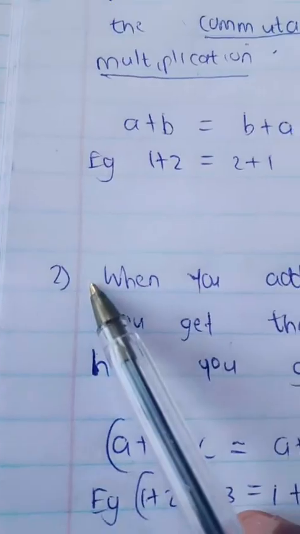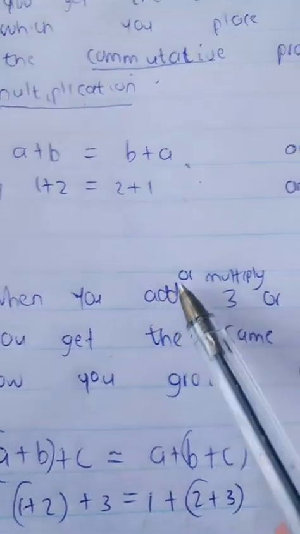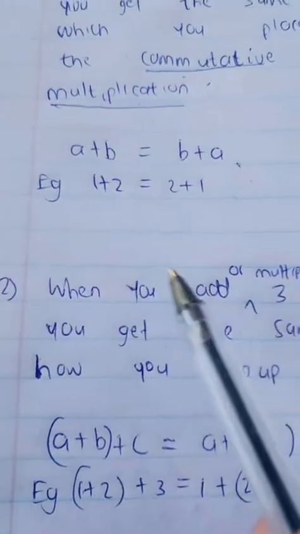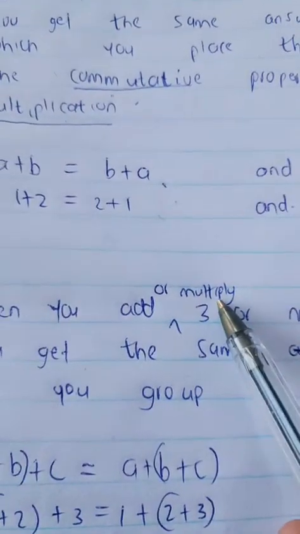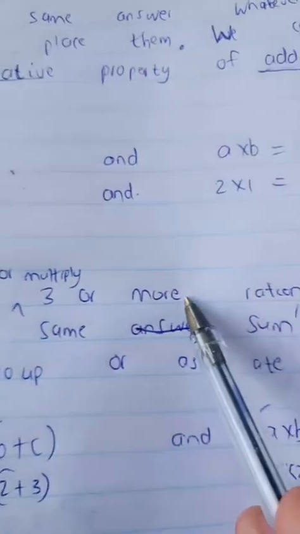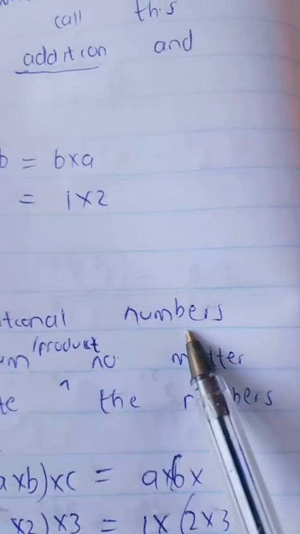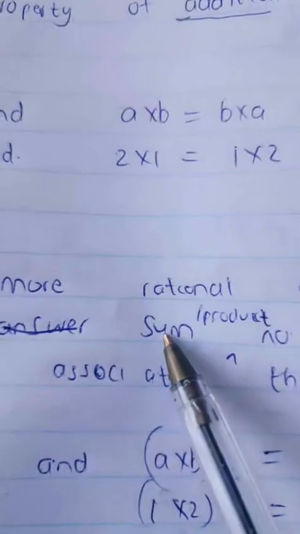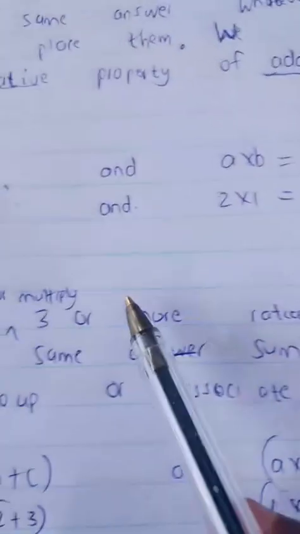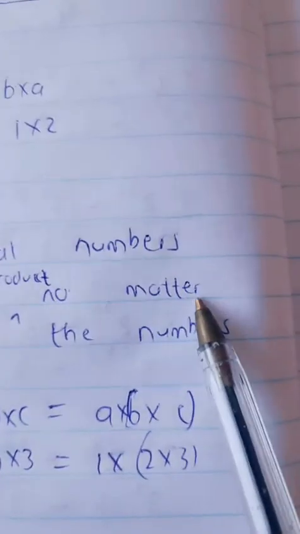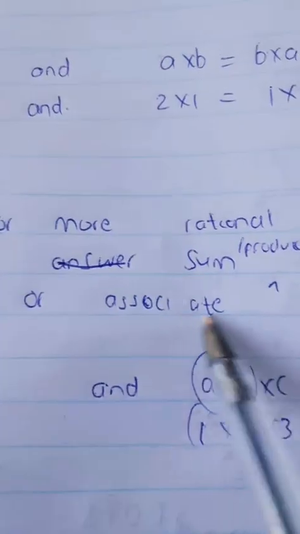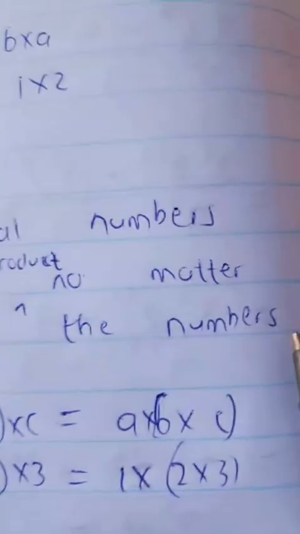The second property says, when you add or multiply, I repeat, when you add or multiply 3 or more rational numbers, you get the same sum, that is for addition, or product, that is for when you multiply, no matter how you group or associate the numbers.